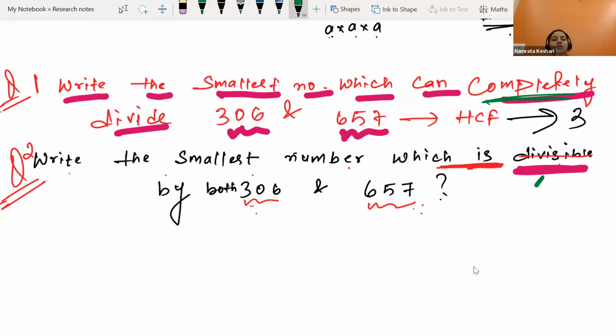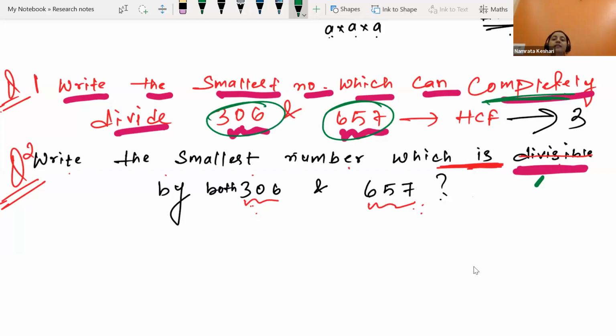Divisible means completely divisible, divide means completely divide. Question number 1 says write the smallest number which can completely divide. Such a number we have to find which can divide 306 and also 657.